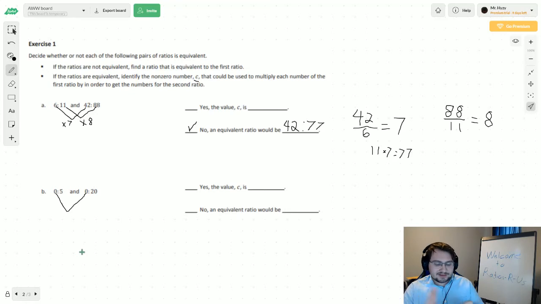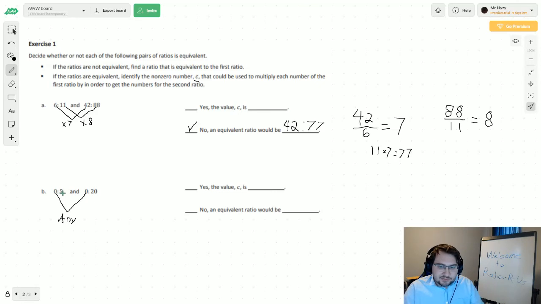If I multiply 0 by a billion, that's still going to give me 0, because any number times 0 is going to give me 0. So I'm just going to write "any" down here, because to get from 0 to 0, I can multiply it by any number. It doesn't matter what number I multiply it by.